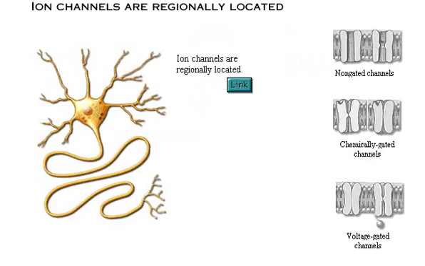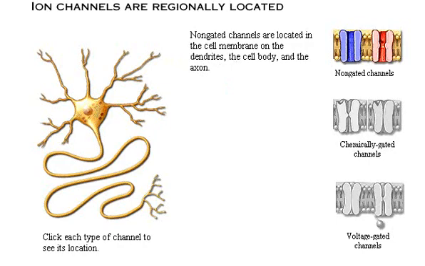Ion channels, non-gated, chemically gated, or voltage-gated, are regionally located in the neuron. Click each channel type to see its location. Non-gated channels are located in the cell membrane all over the neuron, on dendrites, the cell body, and the axon.